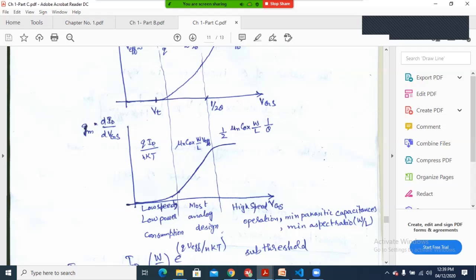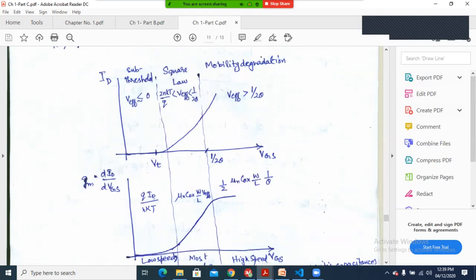Here, if you compare these three regions, the subthreshold region, the strong inversion or active region, and the mobility degradation region, you have seen what value of VF is required for the transistor to operate in these regions.